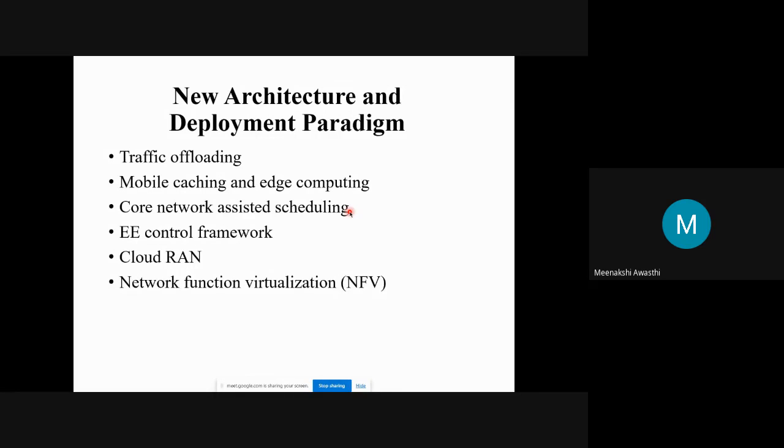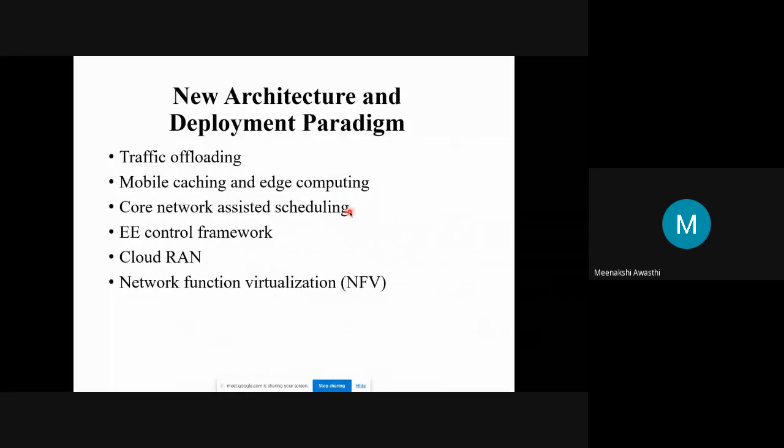Basically it covers traffic offloading, mobile caching and edge computing, core network assisted scheduling, energy efficiency control framework, cloud RAN, and network function virtualization or NFV.